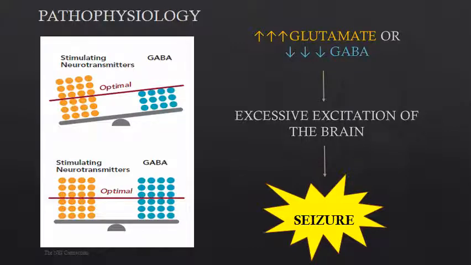As we discussed, an abnormality in the normal balance of these chemicals in the brain can result in a seizure. Today, we will be discussing some of the causes of seizures. It is worth noting that all of these causes, directly or indirectly, cause an imbalance in these neurochemicals, that is GABA and glutamate, resulting in excessive excitation of the brain, which could potentially lead to a seizure.